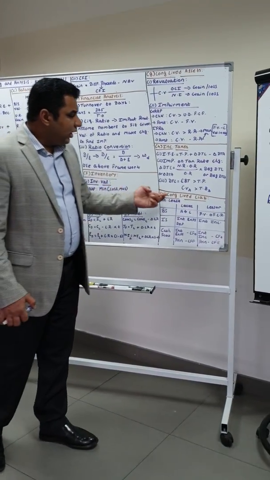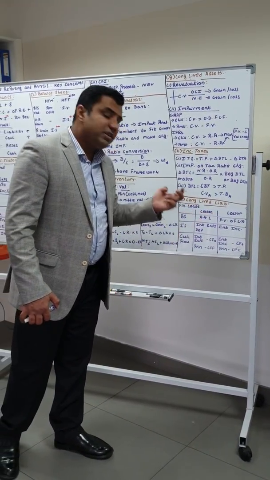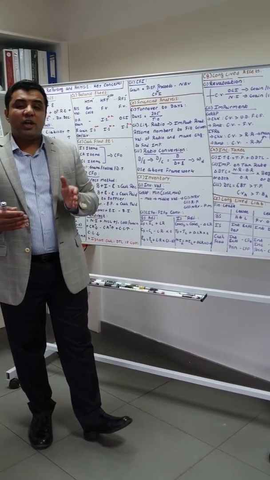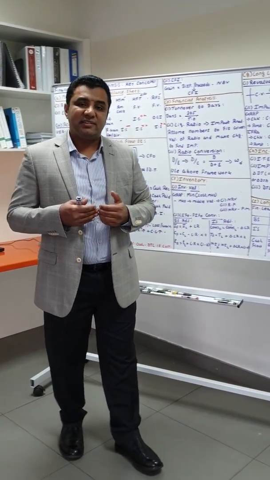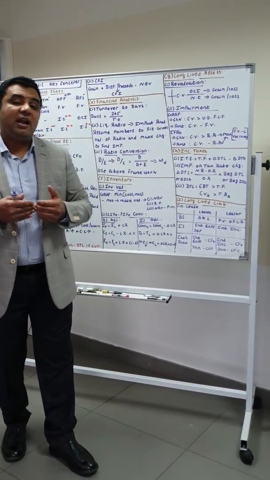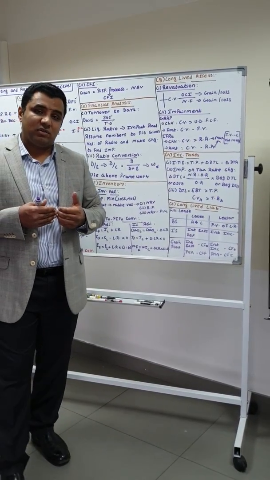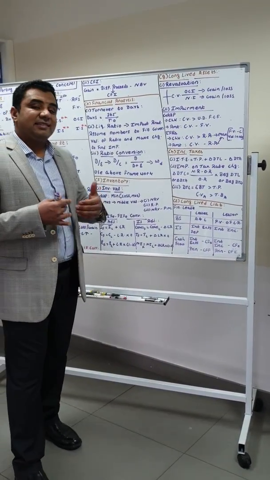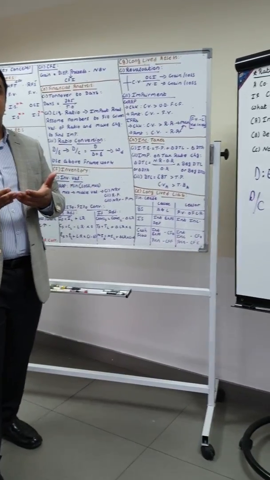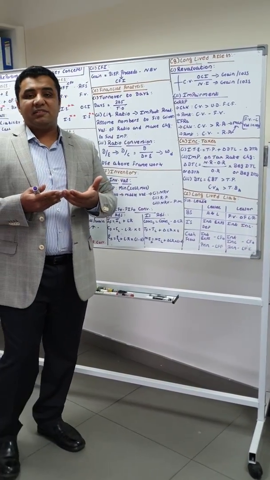Then in long-lived liabilities, we have received a lot of queries regarding recording of capital lease or finance lease in the books of lessee and lessor and related cash flow impacts. So let's say an asset is leased and that lease is classified as a finance lease by lessee and lessor.